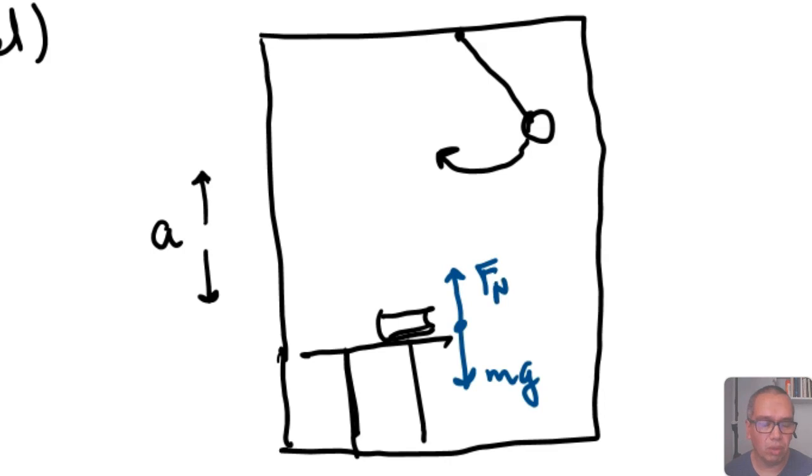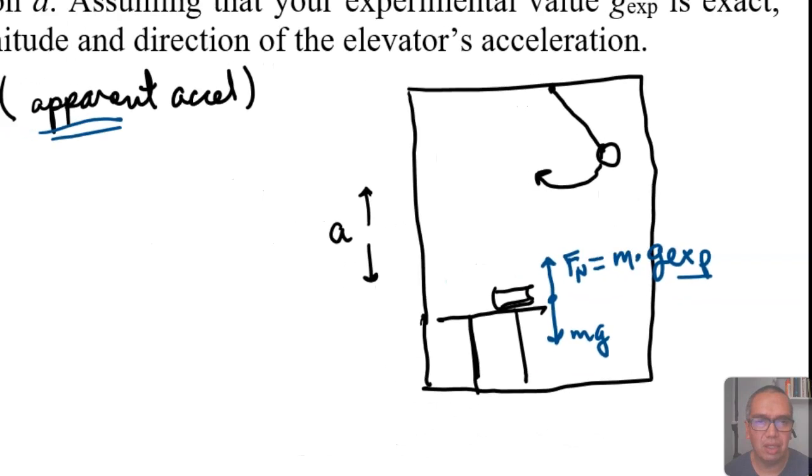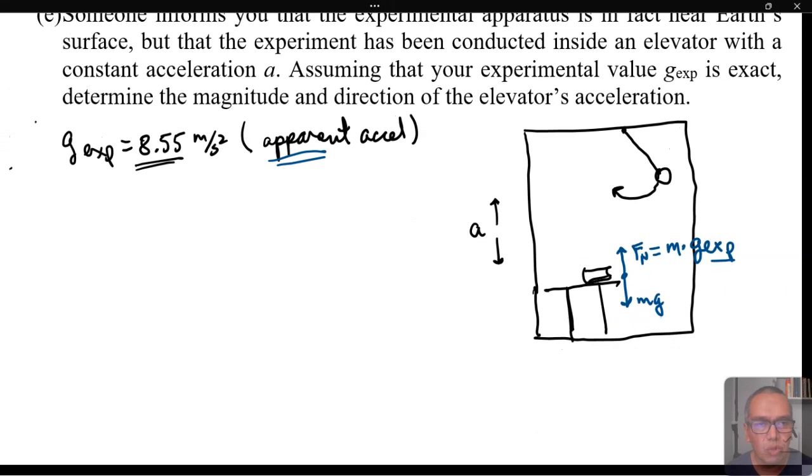That normal force, because it's the apparent weight, or the weight that you're supposed to measure with a scale, is going to be the mass times the experimental or measured acceleration. These two forces are not equal because the book is also accelerating the same as the pendulum.